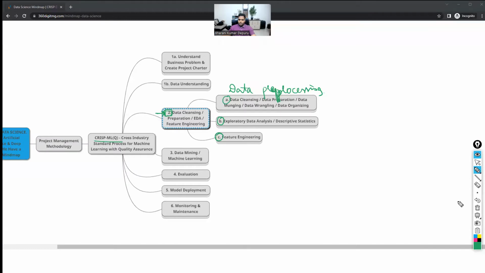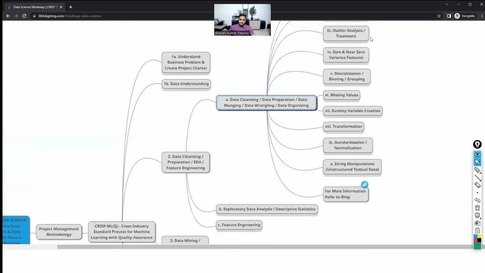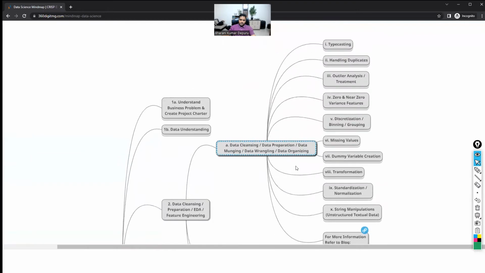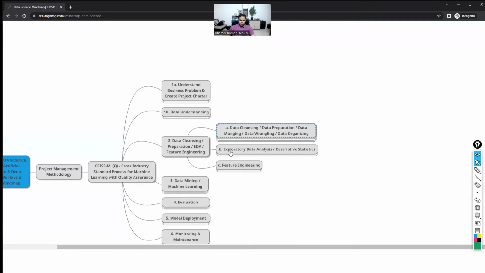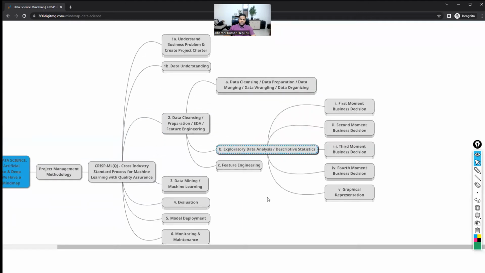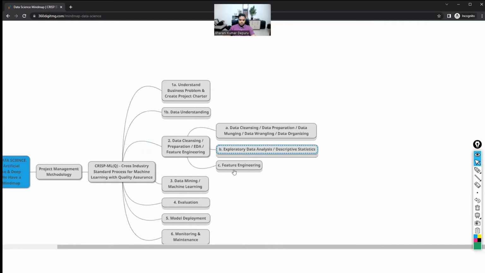From a practical standpoint, you will not be in a position to segregate these 3 sub-phases. So you have 2A, which has a bunch of stuff to talk about, and 2B, wherein you have a bunch of things to talk about, and then you have 2C.